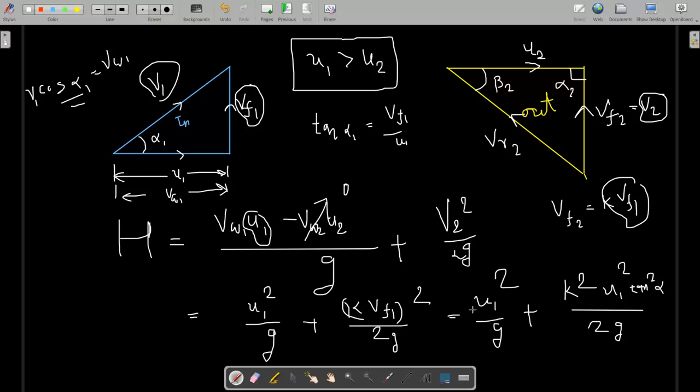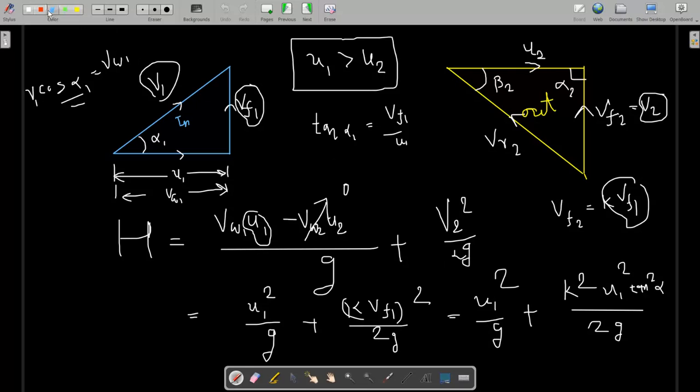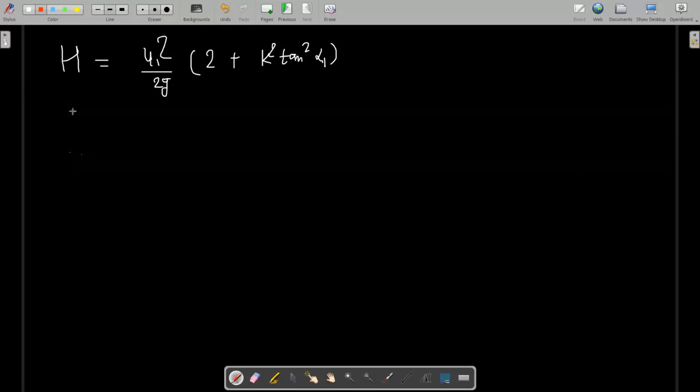Now I can take U1 square as common, so the head equation will become U1 square by g, and taking U1 square by 2g common, 2 plus K square tan square alpha 1. Here 2 is not there, so we have multiplied, so this equation will become like this.